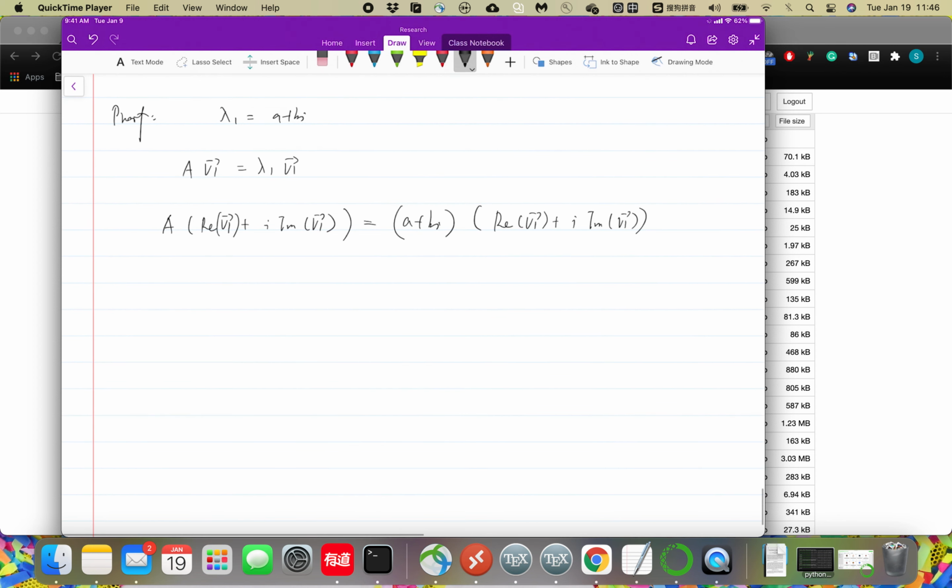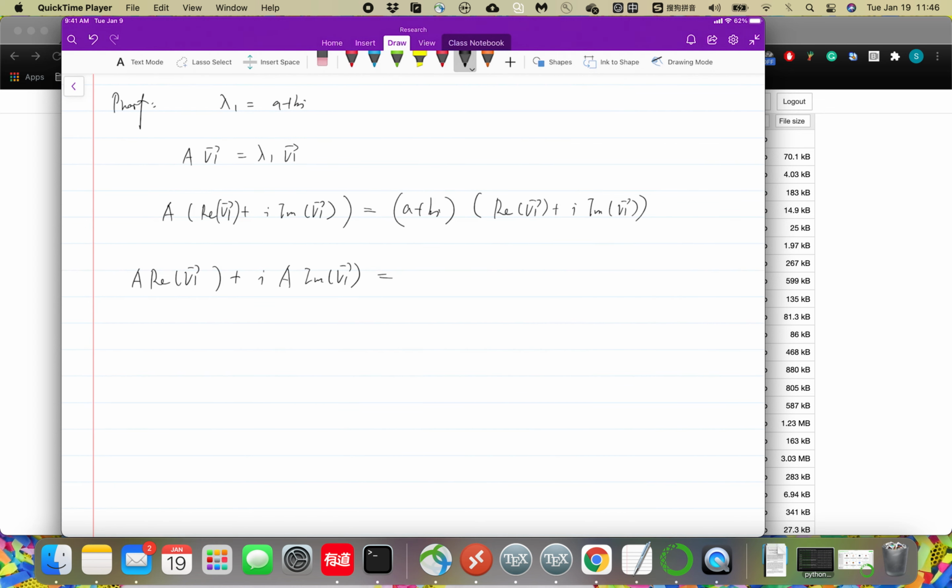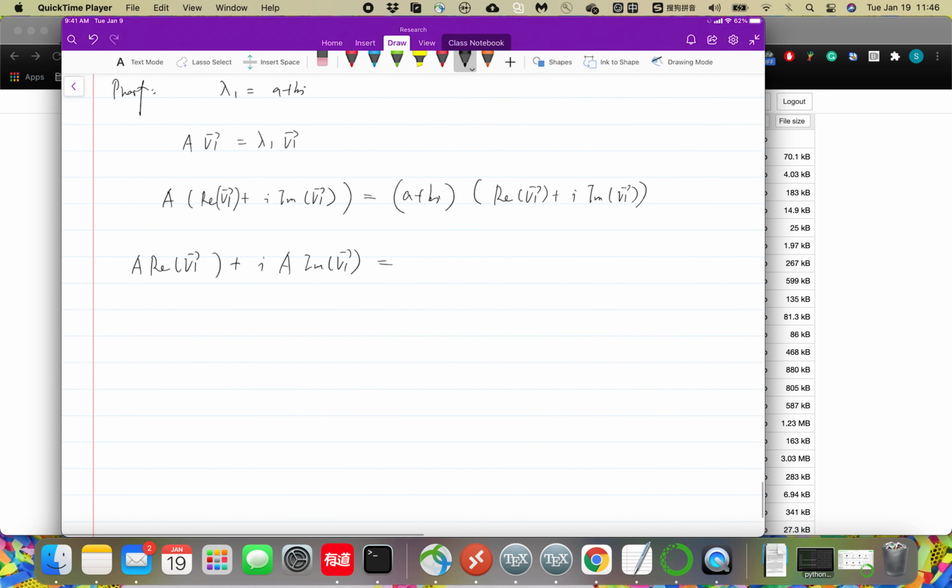Now again, on the left you have a real vector plus a complex vector. Okay. On the right, you will also have a complex vector, but now you will need to actually simplify everything by multiplying them out.